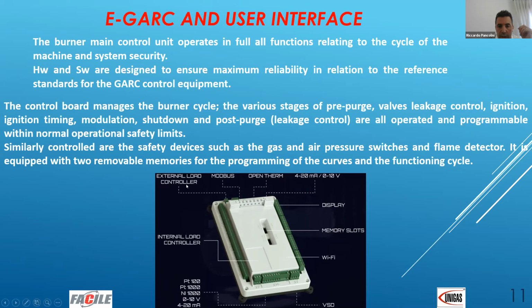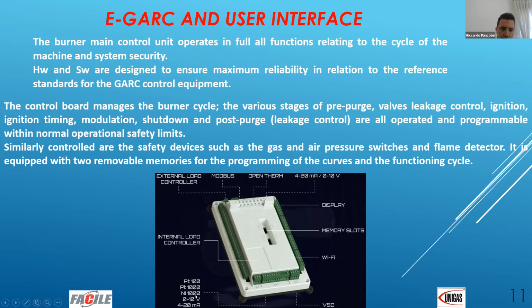Or we can use the external load controller. We can use a Modbus connection, so we can send all the data from the PLC, for example. We have an open term connection to use master-slave, several burners in cascade. We can use some signals, for example 4-20 mA, 0 to 10 generic signal.